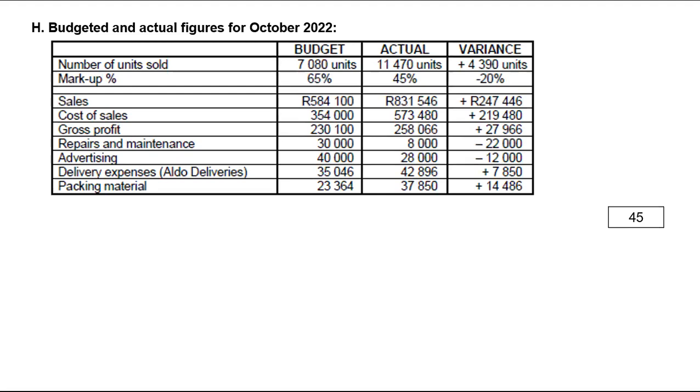Look for repairs. Look at the difference. Now, guys, when it comes to repairs and maintenance, you'll realize that it dropped by 22,000. Now, what is the disadvantage of not maintaining your assets?